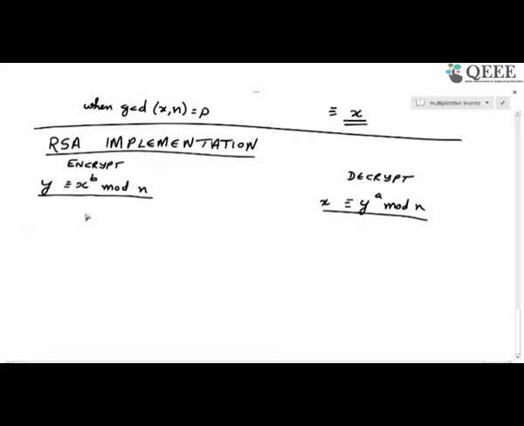Now how would you actually perform this particular encryption and decryption? One thing you would notice is that typically this value of n is a 1024 bit number, and B is another number which is roughly 1024 bits, and therefore just performing multiplication like x into x into x into x and so on is almost impractical to do.